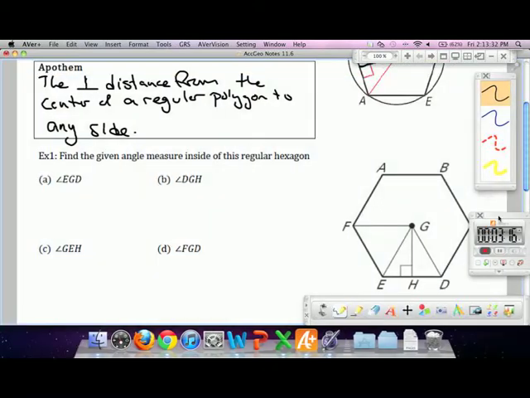Well, how many sides are in this hexagon? There are 6 sides. So if we think of this hexagon as, say, how about we drew these diagonals? How many of these angles are we going to form by going from vertex to center to vertex? There are going to be 6. And if they're all congruent, because it's a regular hexagon, what is any one going to be?